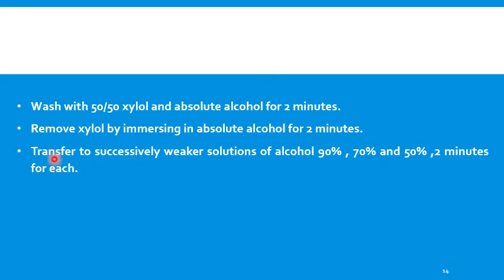Why use successively weaker solutions? To prevent damage of the cells. Wash with running water for 2 minutes. Why? To remove the excess amount of alcohol.